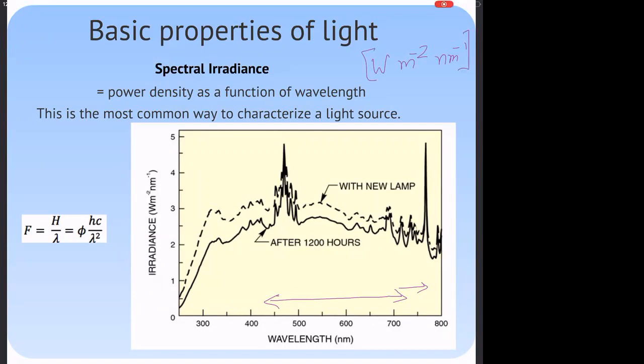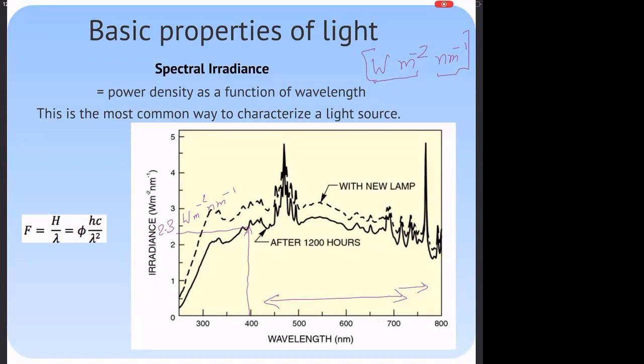As you can see, this is power density, watts per meter squared. Per nanometer refers to per unit wavelength. So here it tells me, okay, if I look up here at 400 nanometers, I have 2.2, whatever, 2.3 watts per meter squared per nanometer.